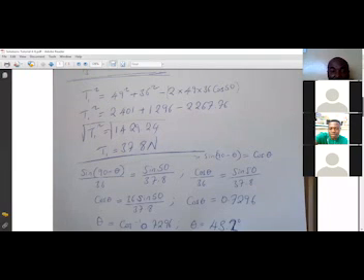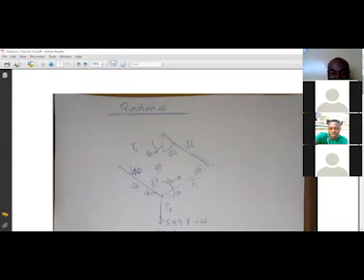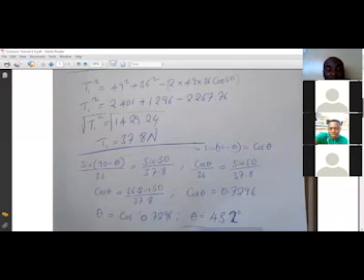Then to get the angle, you use the sine rule, because you know this and this, and you are looking for theta.